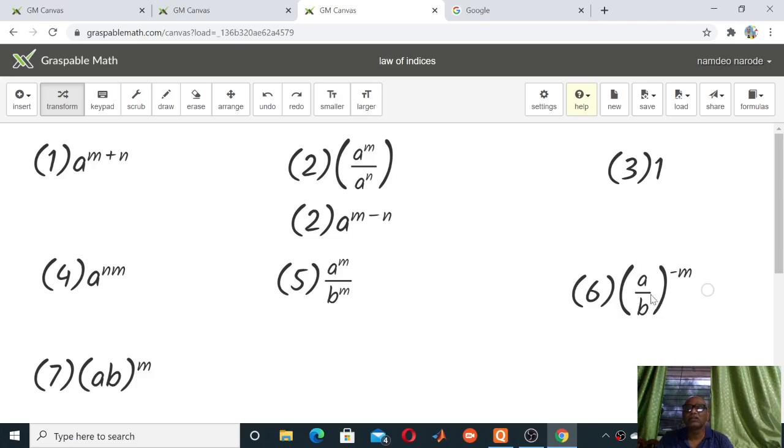Here, equal to a raised to minus m divided by b raised to minus m. But if I take this b raised to minus m on the upper side, then this will be like this.